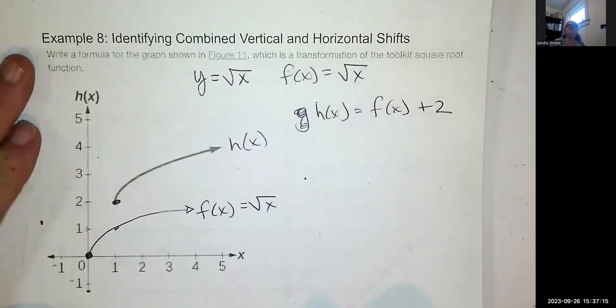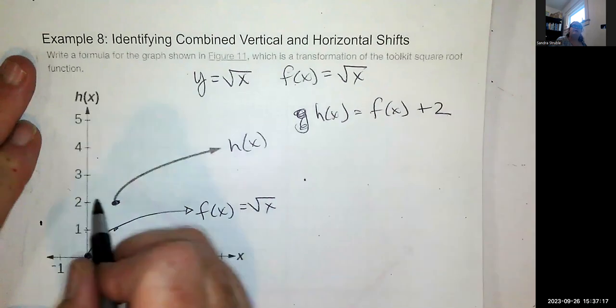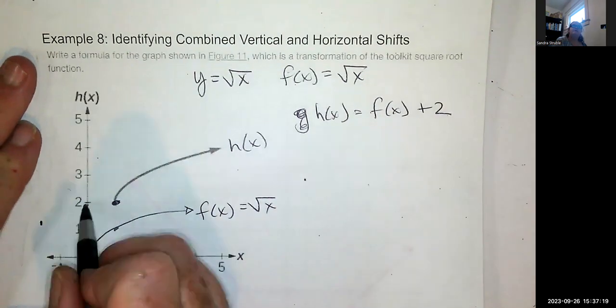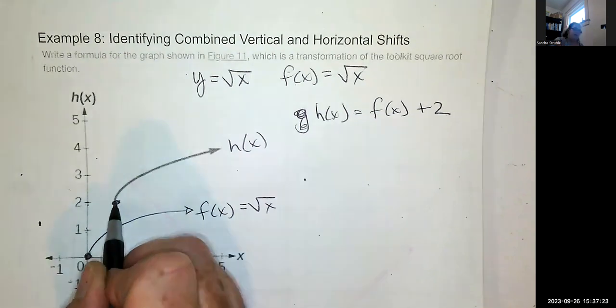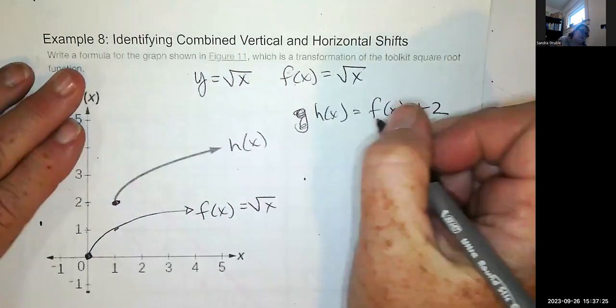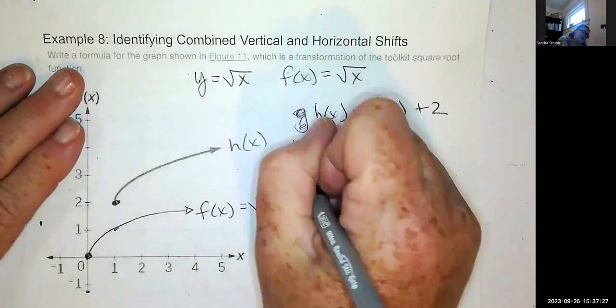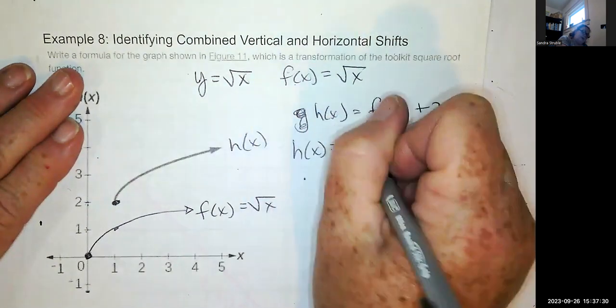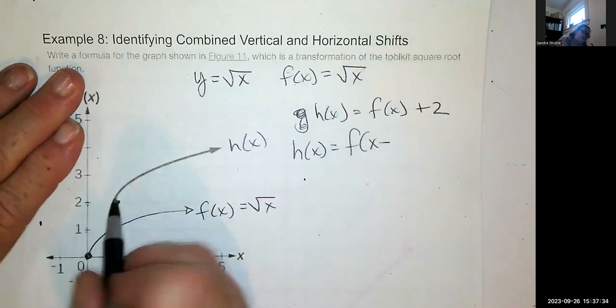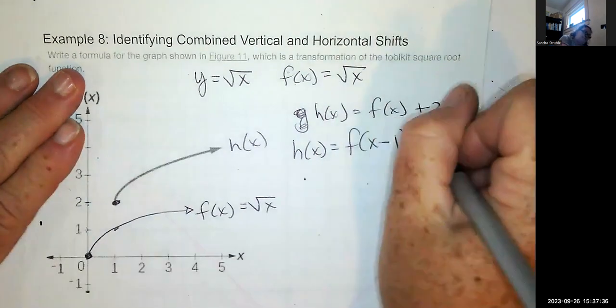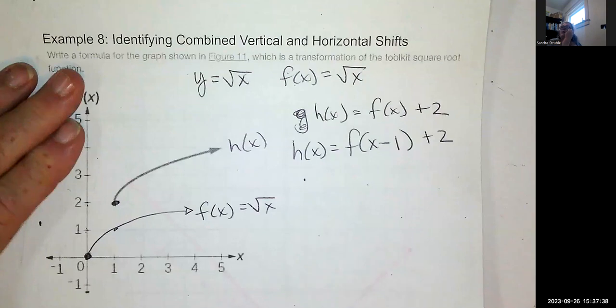Okay. That's the first thing I see. The other thing I see is it also shifts from the y-axis over to the positive 1. So that means now I've got h of x is equal to f of x minus, and then it's moving over 1. That's where I'm at for my vertical and horizontal shifting.